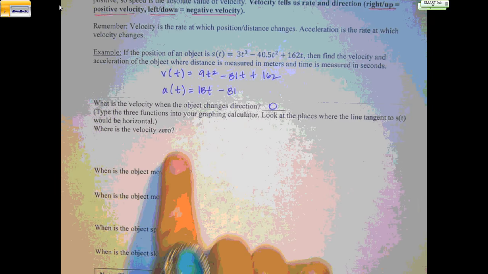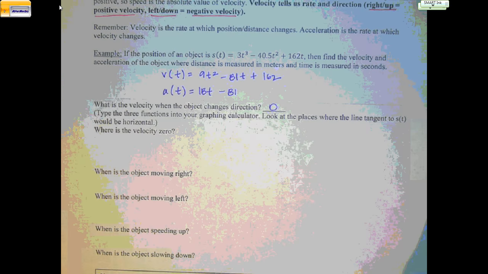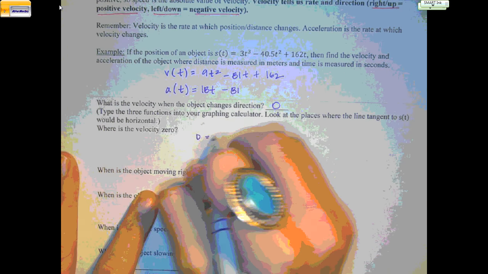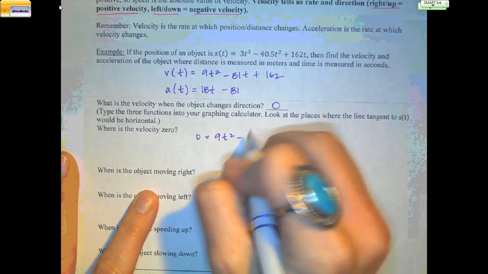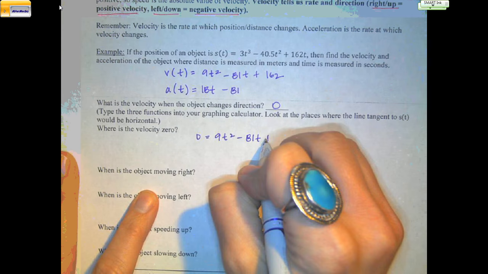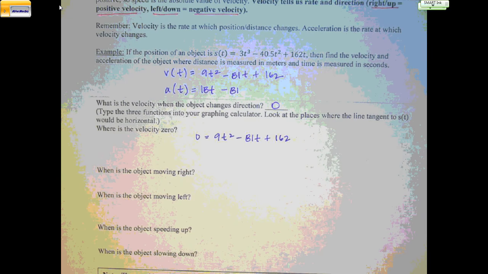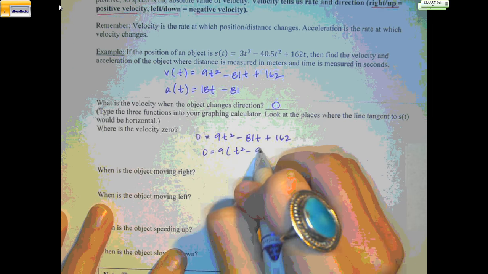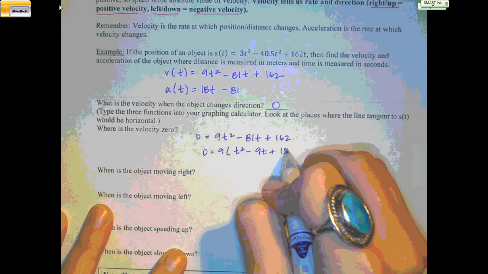Now it says, where is the velocity 0? We can figure this out mathematically. We're just going to say 0 is the velocity for this function, and we set the function equal to 0. So let's factor, because it's one of those quadratic ones, and we can factor 9 out of this to make it a little easier. So we have t squared minus 9t plus 18, I believe.